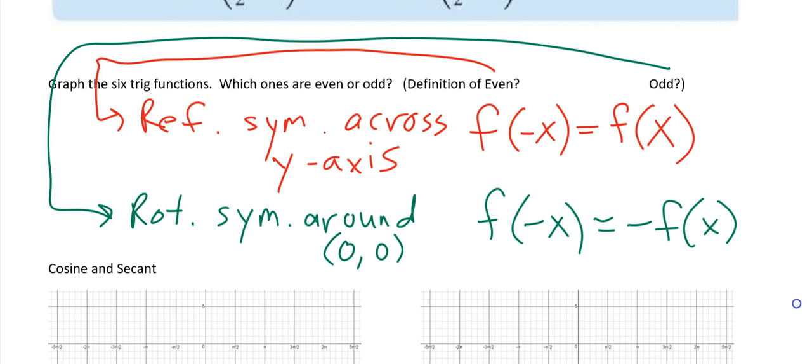And so we would say things like this: opposite x's produce the same y's. This is what's causing that reflection symmetry across the y-axis. Opposite x's, same y's. But as long as the opposite x's produce the same y's, we had an even function.